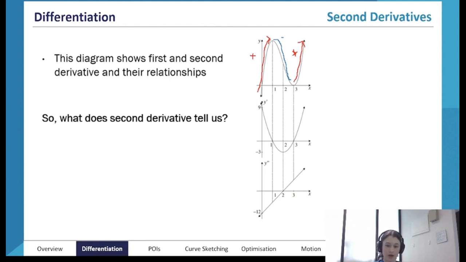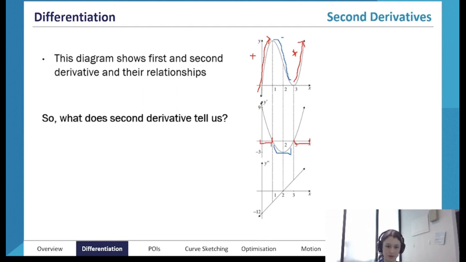When we look at our derivative curve, the value of the derivative is positive in the two sections corresponding to the positive gradient. So in this section here, our derivative is positive, and in this section here, our derivative is positive. And in the middle section, our derivative is negative because it's below the x-axis. As you can see, these sections correspond to the original function.